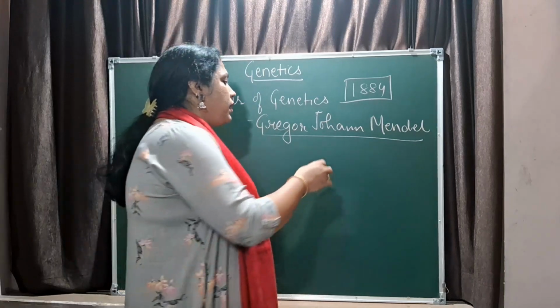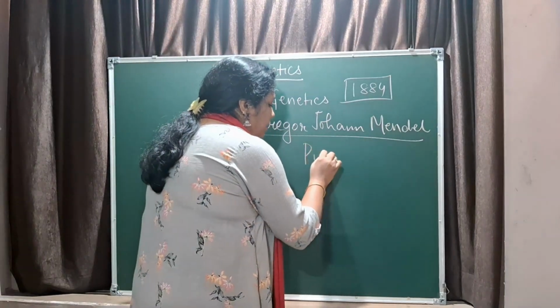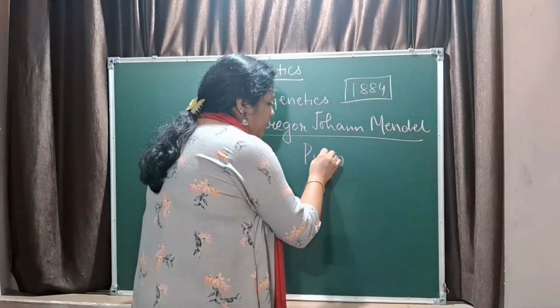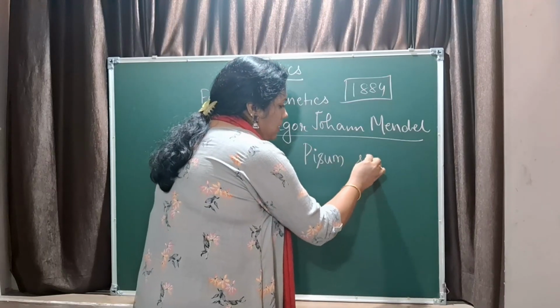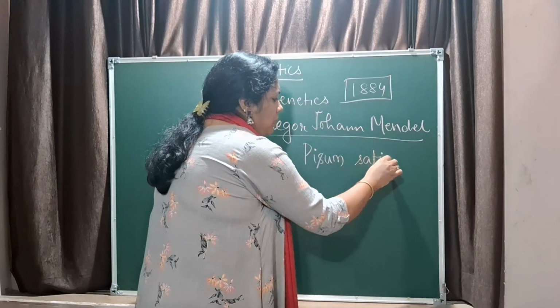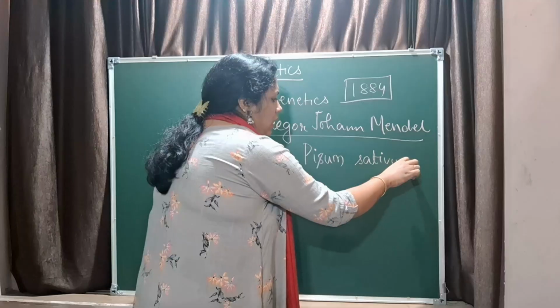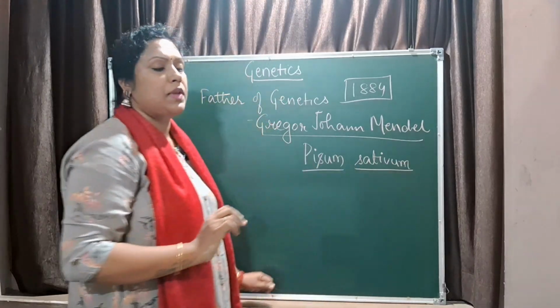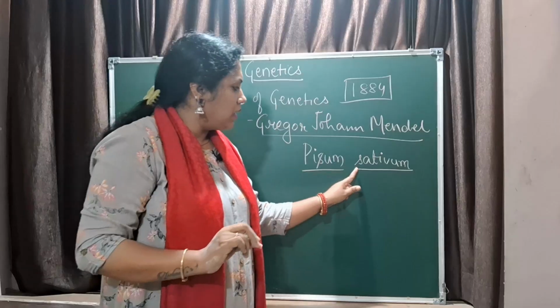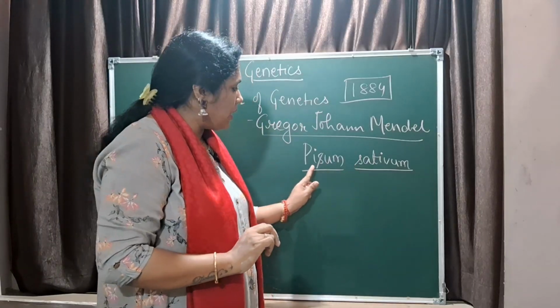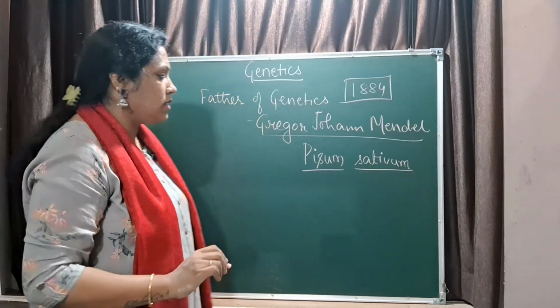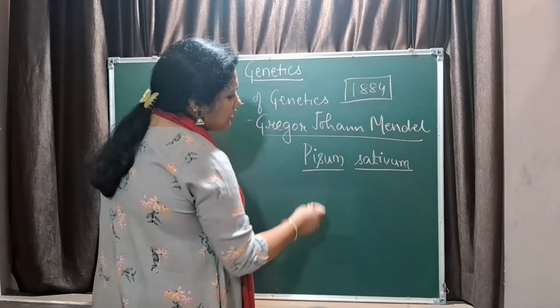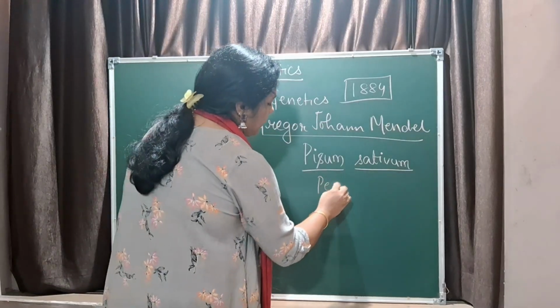Now Gregor Johann Mendel worked on a pea plant. Please write the scientific name properly, children, otherwise no marks will be given if the names are not written in a proper manner. That is, the name has to be underlined and the first letter capital, the second word's first letter small, like this: Pisum sativum. Pisum sativum is the scientific name of the pea plant.